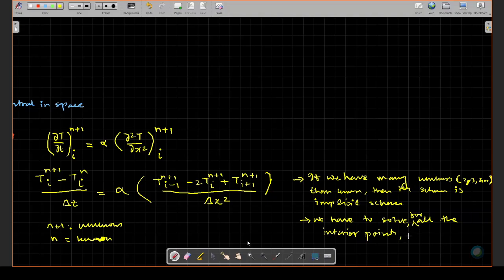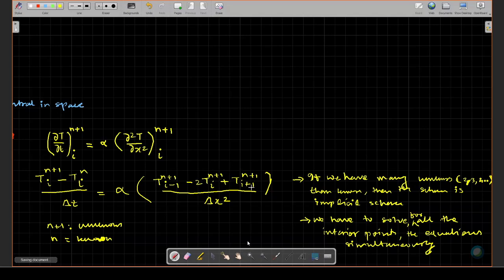We have to solve the equations simultaneously. In the previous case, it was like just substitute, get the new value, and like that. But now here, T i n plus 1, T i minus 1, T i plus 1 is also there.